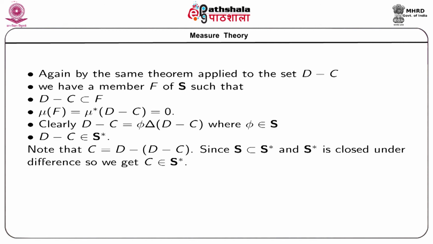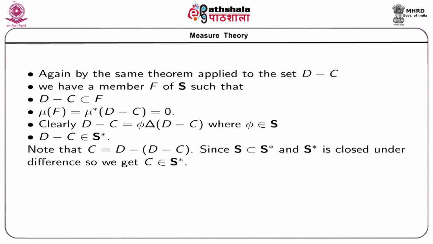Again, if we apply the same result on measurable cover to the set D minus C, we can get another measurable cover F of D minus C coming from S, such that mu of F is equal to mu star of D minus C, which is equal to 0.